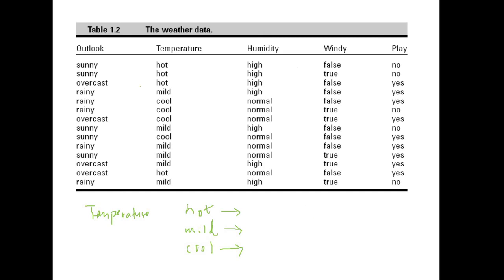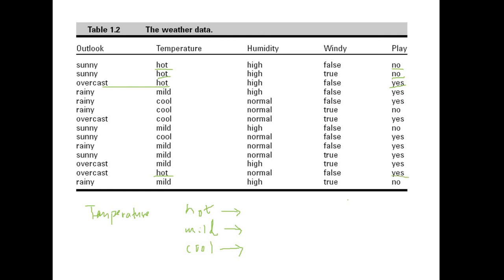Right, so for hot, what is the most frequent class? We have 2 no's and 2 yeses, right? When you look at hot, the outcome is no. Again hot, outcome is no. Hot, it's yes. Then the last one, hot, it's again yes.